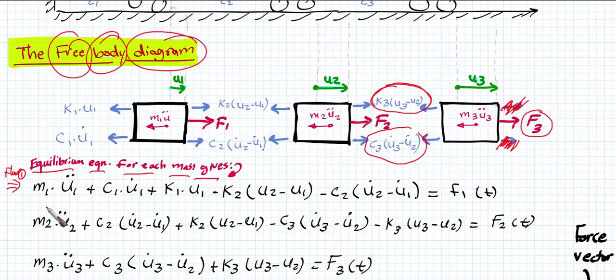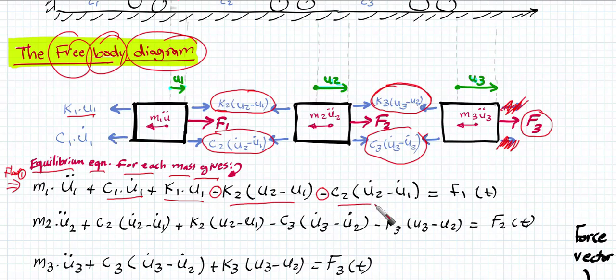So it is going to be M1 U1 double dot, which is the inertia force, plus C1 U1 dot plus K1 U1, which is this term, and then we have two minus terms here, related to C2 times U2 dot minus U1 dot and K2 times U2 minus U1, as you can see here.